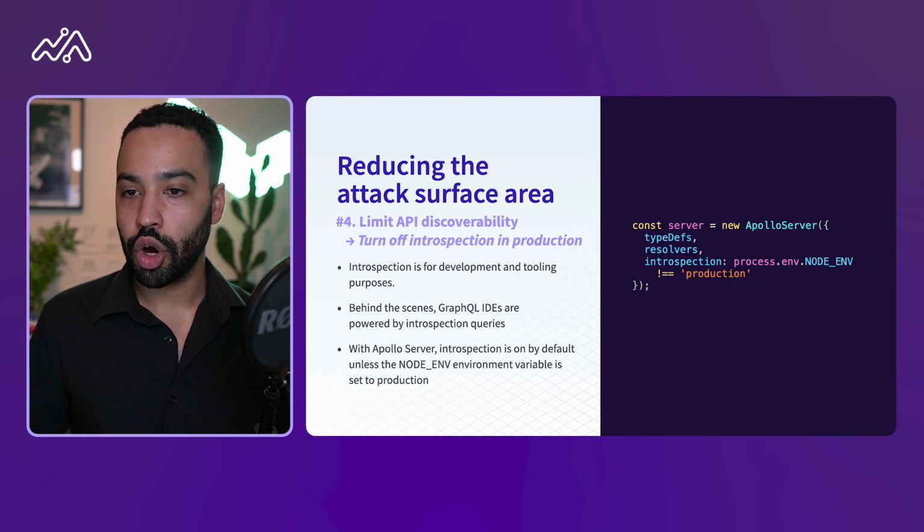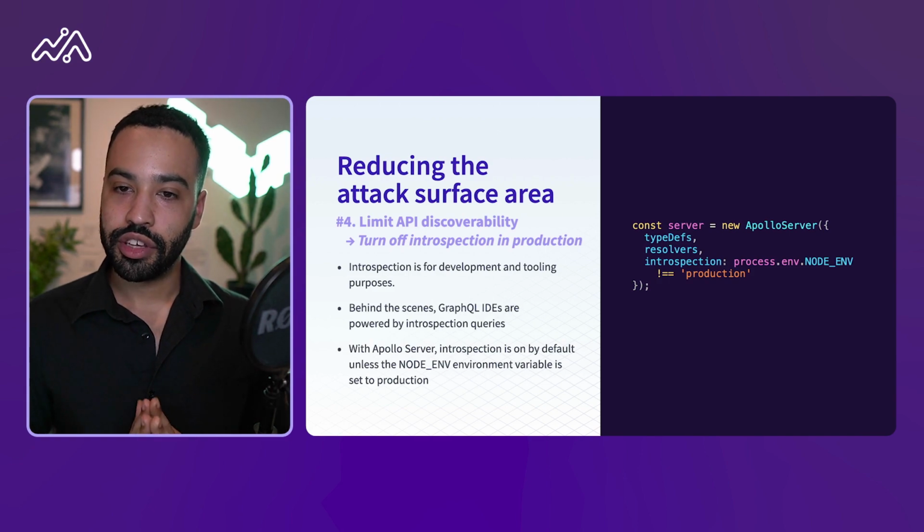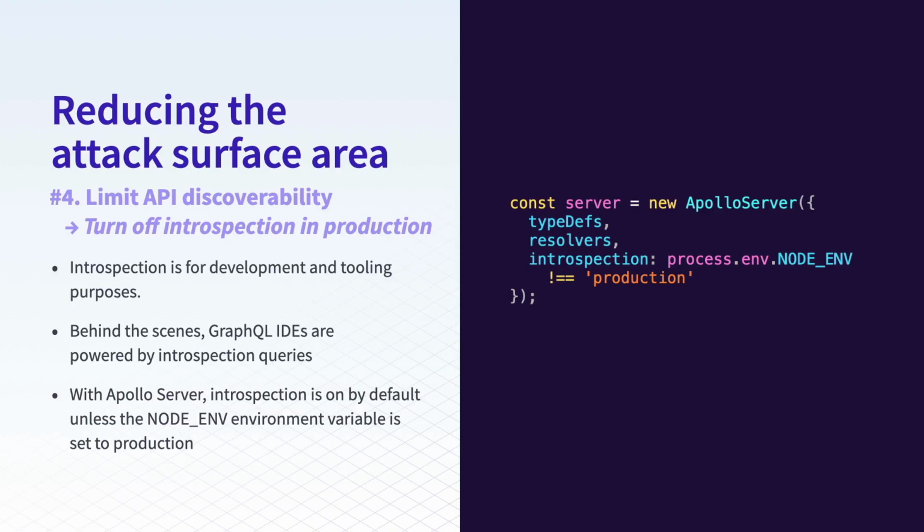And that tooling does code gen, query building, and so on. However, the first thing someone may do when trying to exploit your graph will be to send an introspection query because this is the quickest and easiest way for them to learn everything about your schema. And with Apollo Server, if node env isn't set to production, introspection in GraphQL Playground will be enabled by default.